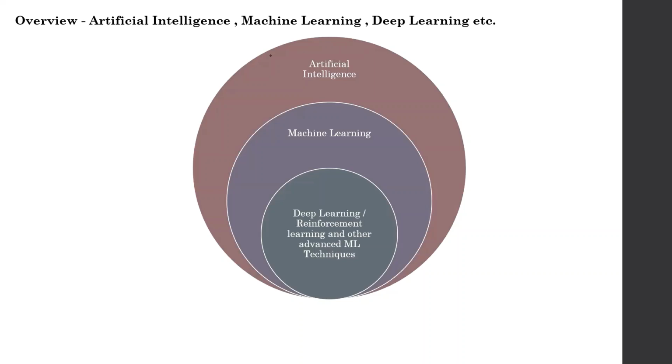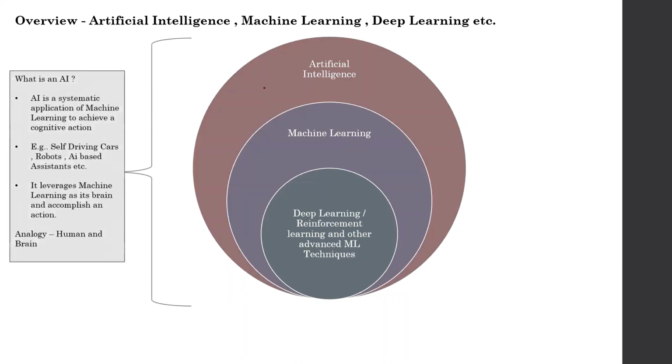Artificial intelligence is the bigger subset, and it's nothing but a systematic application of various concepts. For example, you want to create an autonomous system. To make it autonomous, you can either use a rule-based one or a machine learning-based one. The ultimate goal of AI is to give us a completely autonomous system.